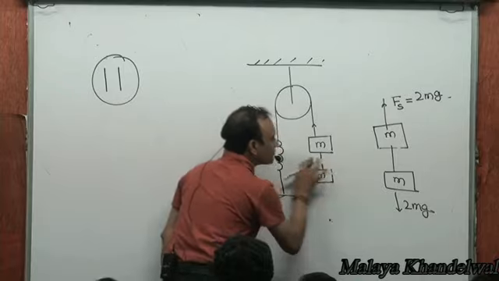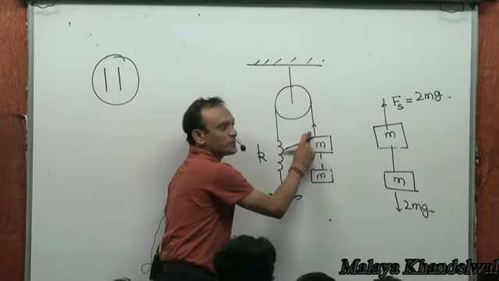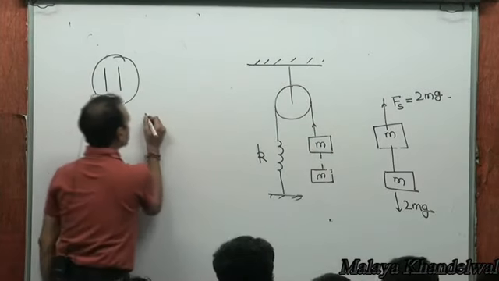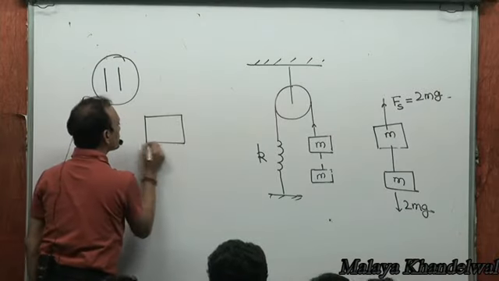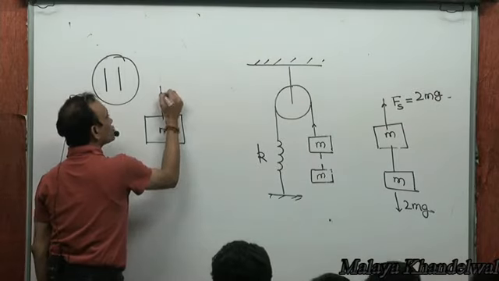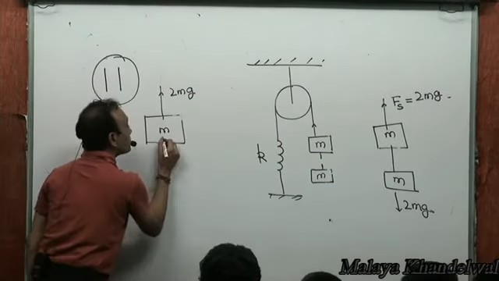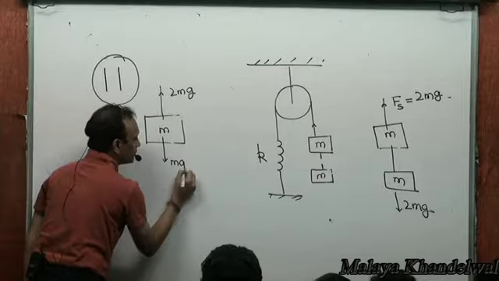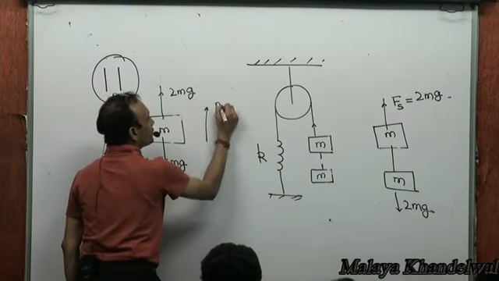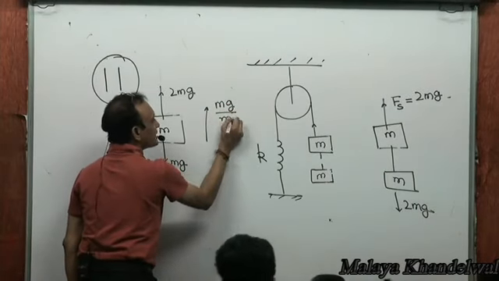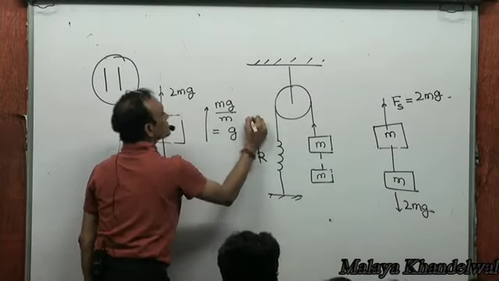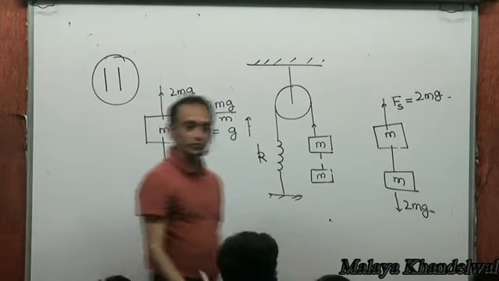Now after I snap this string, what happens to the spring force? 2 mg, right? So look at the upper mass M: 2 mg. The string has got detached, but there is mg still down there. The net force is mg upwards, divided by mass M, will cause this mass M to have an acceleration g upwards.